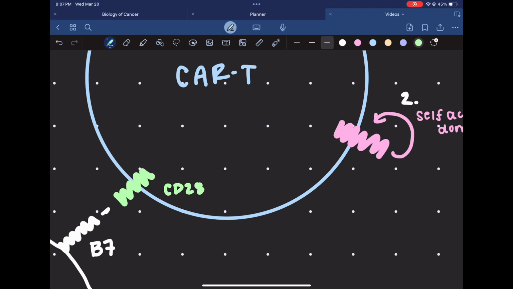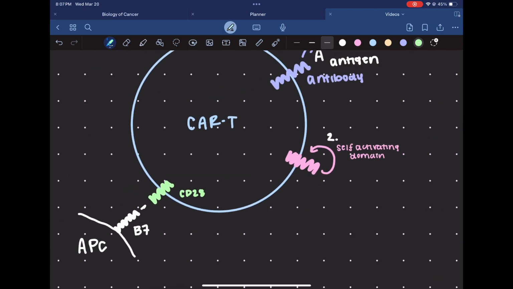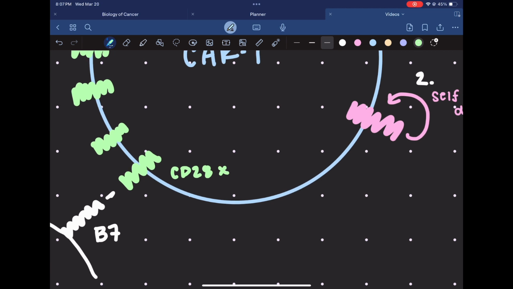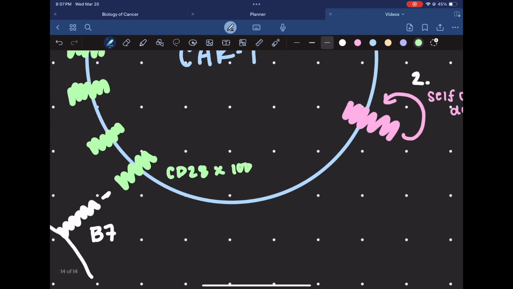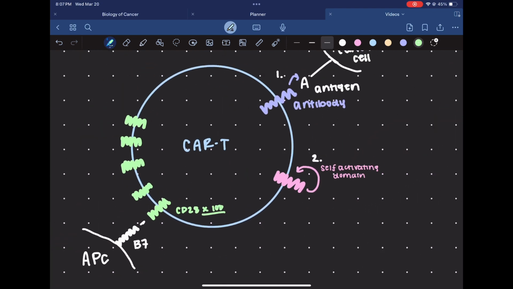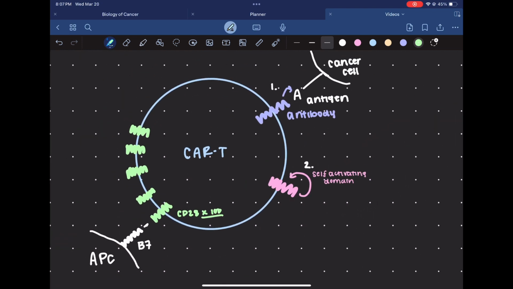CD28. And on our CAR T cells, we're not just going to express one or two of these. We're going to express many, many more than we normally would. So we've amplified this gene to express it a lot more frequently. Just say times 100, a lot more than we normally would. And we've added a bunch of these receptors to the cell surface so that we're increasing the chance of interacting with these B7 molecules on APC cells. That's our third modification that we're making.